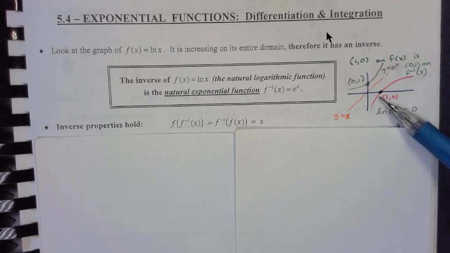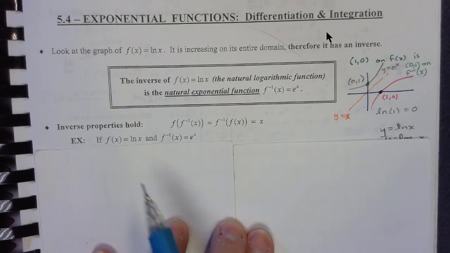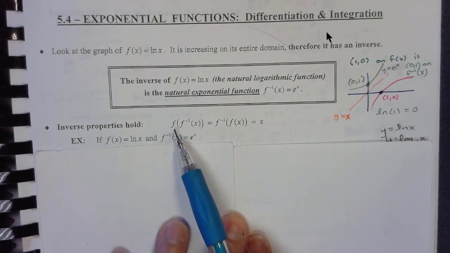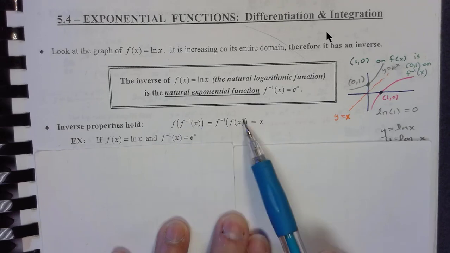Whatever the property was, if my function is increasing, its inverse will be increasing, but the concavity switches properties. Now, our inverse properties hold. That means that when you compose a function with its inverse, you get the argument.